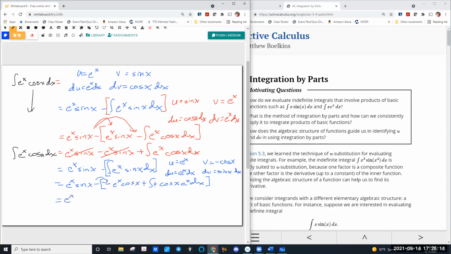So we have e to the x sine x plus e to the x cosine x. Now, when I distribute that negative to here, it's going to turn it actually back into a negative minus. I'm going to write this in the opposite order. I'm going to bring the e to the x out front. It's multiplication, so we can change the order.